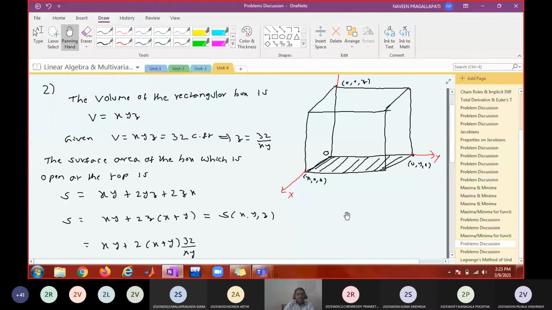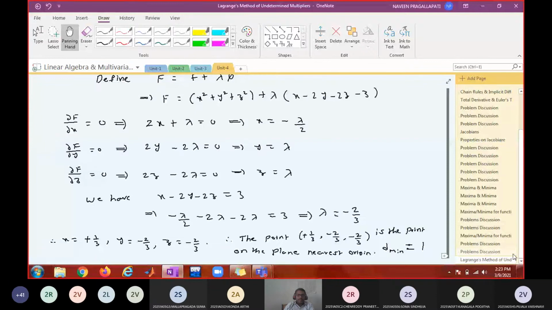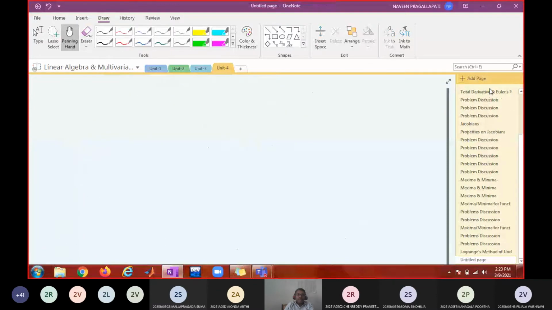A rectangular open box is to have a volume of 32 cubic feet. Find the dimensions of the box so that it uses the least amount of material. Note down the question once again.